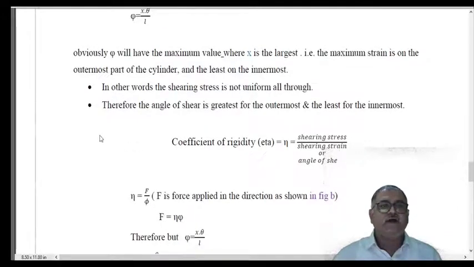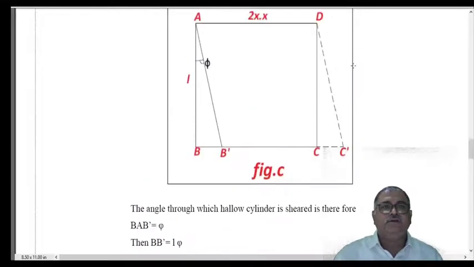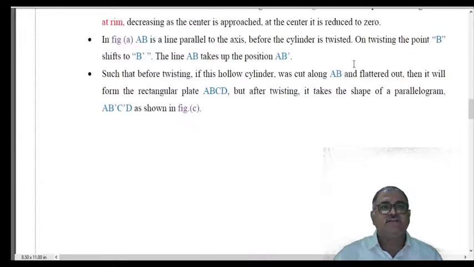Obviously, phi will have the maximum value where X is the largest. That is, the maximum strain is on the outermost part of the cylinder. Just the statement we have done here, you can see the statement.